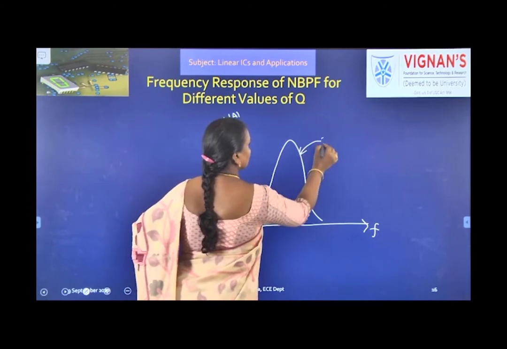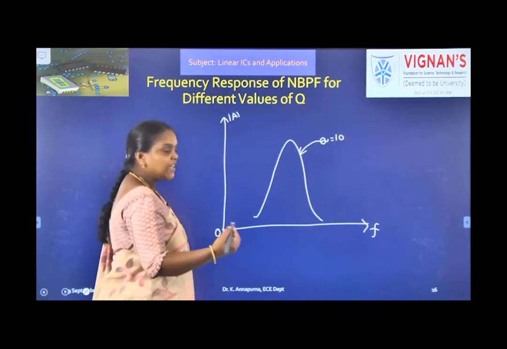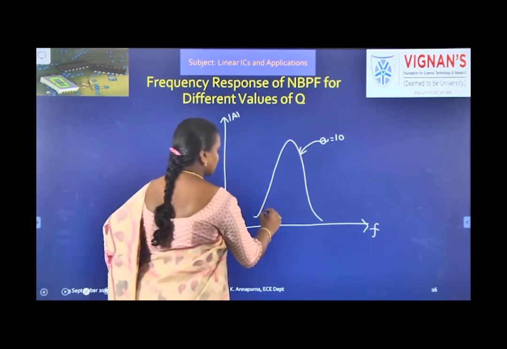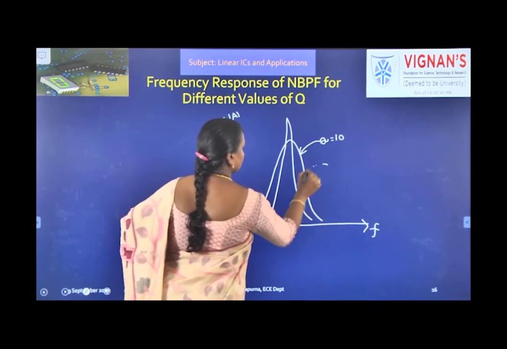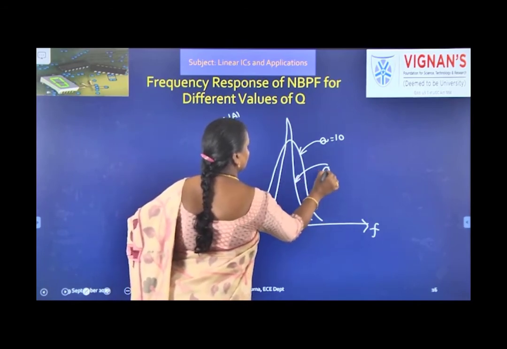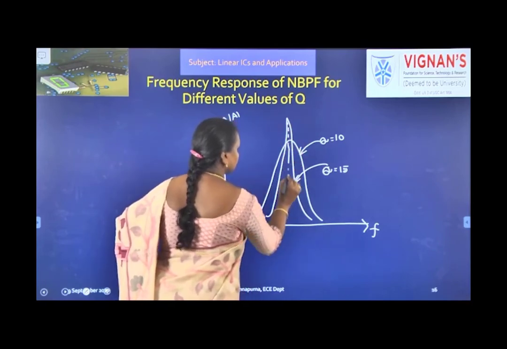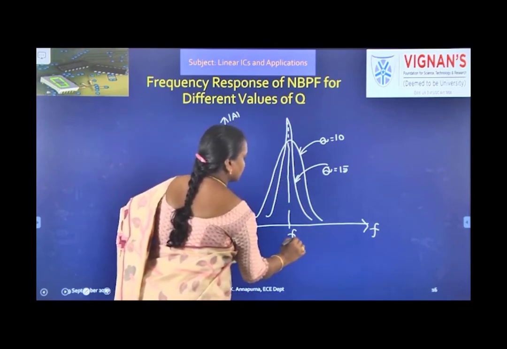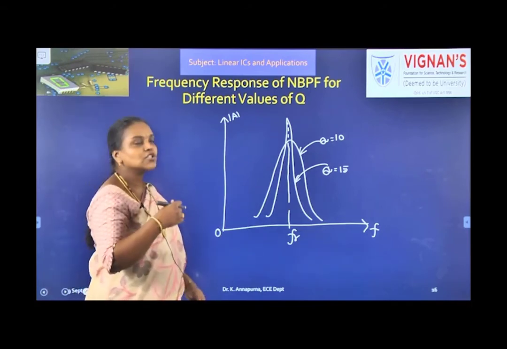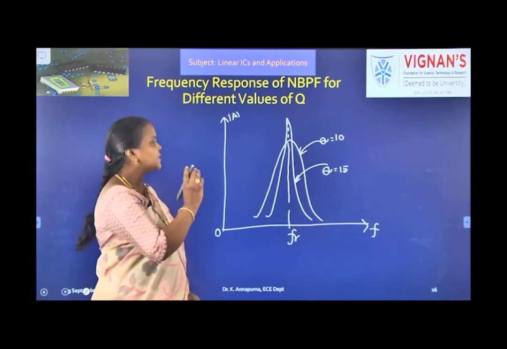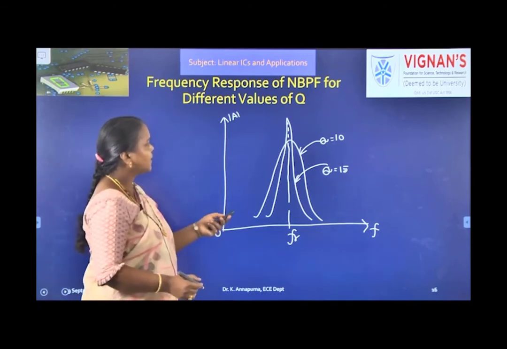This is for Q equal to 10. Now if I take Q 15, it is more precise. The center frequency will be same, but it will be more precise. That is, as Q is increasing, its bandwidth is more refined. So like that it will change.